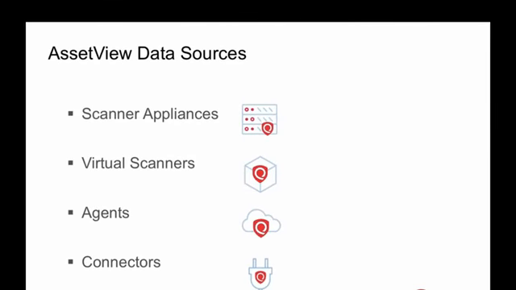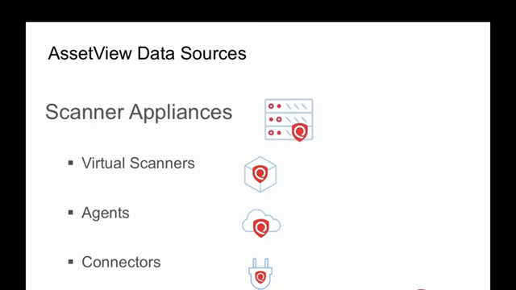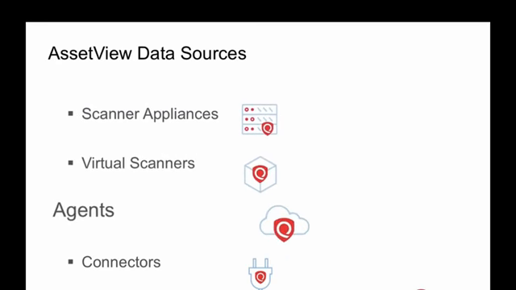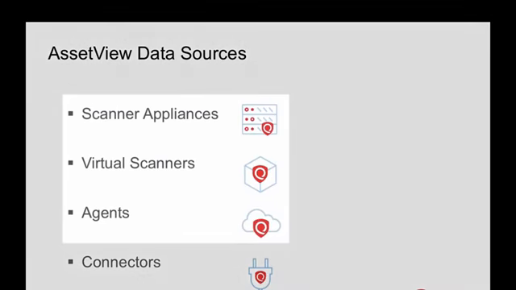The Qualys AssetView application collects its data and asset inventory information using one or more data collection technologies, including Qualys scanner appliances, Qualys virtual scanners, and Qualys Cloud Agents. This first group of technologies provides data that is used for both assessment and asset inventory purposes.